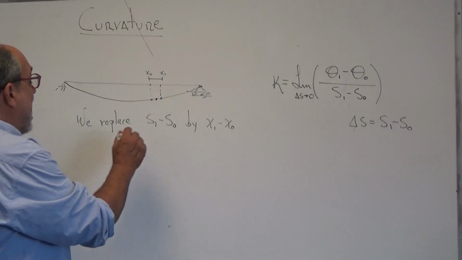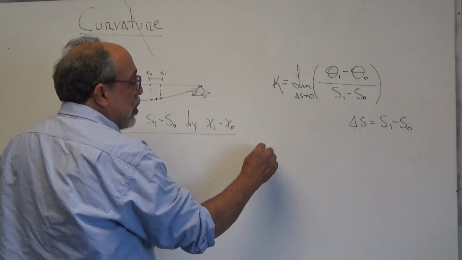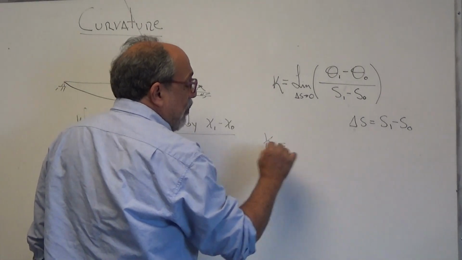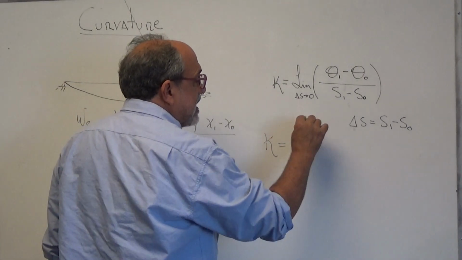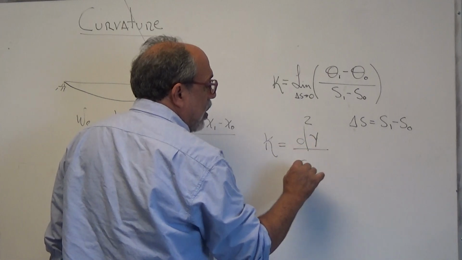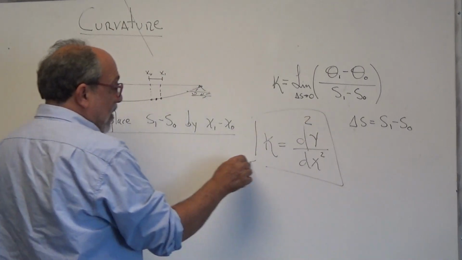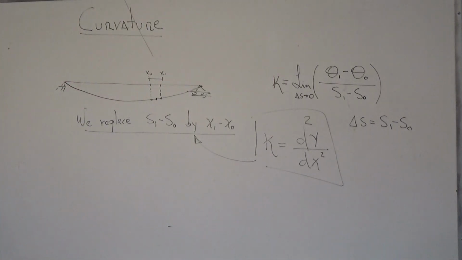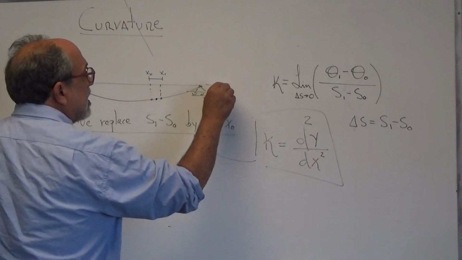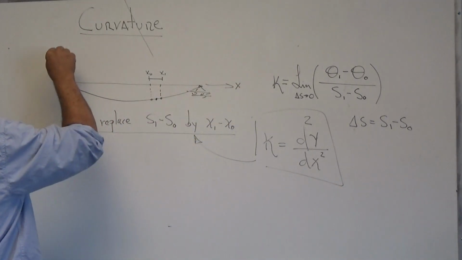And with that simplification, it turns out that the curvature formula is just simply the second derivative of the deflection with respect to x, provided that this simplification is accepted. Okay? This is, of course, x, and this is y.